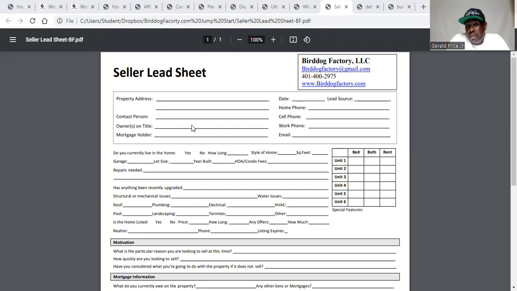Owner on title. That is key. You want to have the owner on title information. You want to know who that is because that's ultimately the decision maker. You don't want to spend a whole lot of time negotiating with somebody that's not in a position to make a decision.